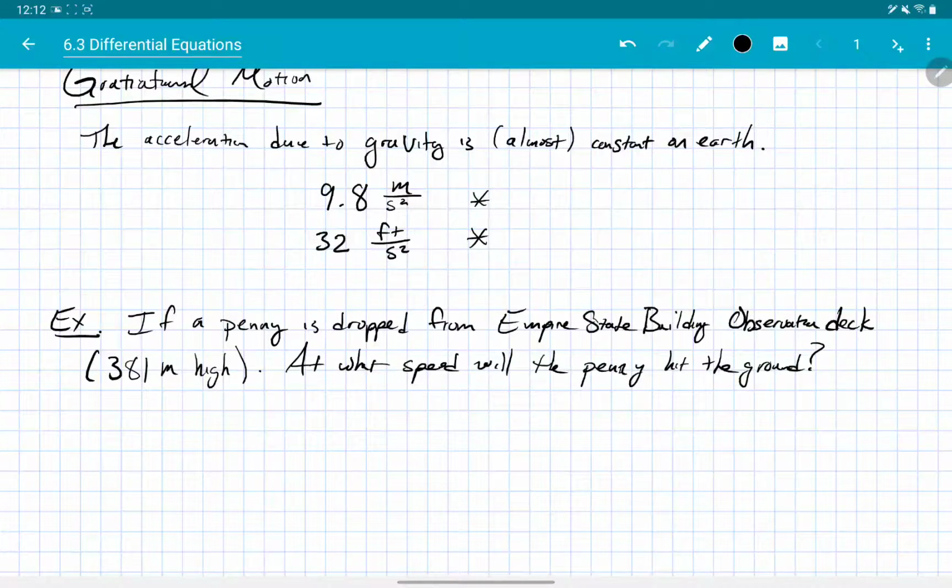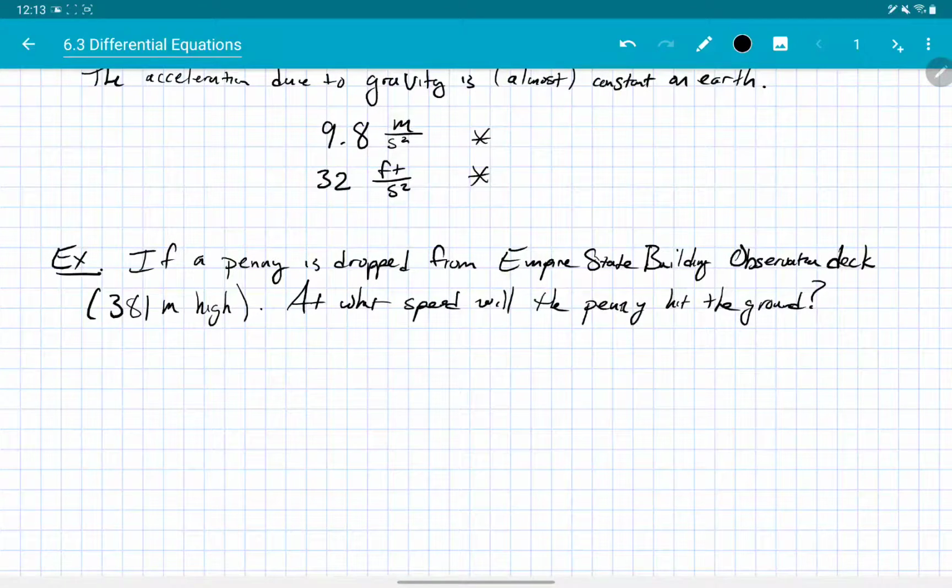All right, so let's take a look at this here. The fact that the penny is dropped from the Empire State Building at 381 meters high and is dropping due to gravity means we get the following differential equation. Let x of t be the position of the penny.